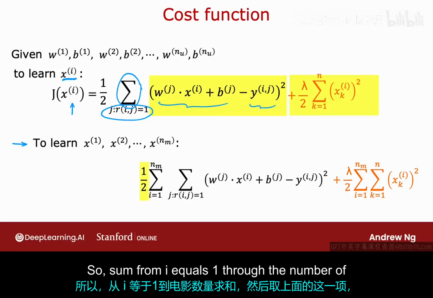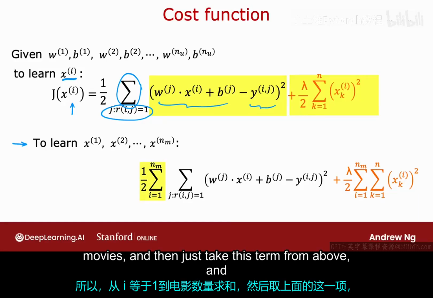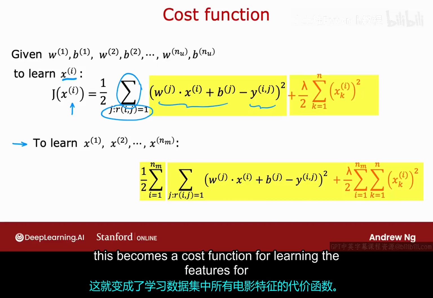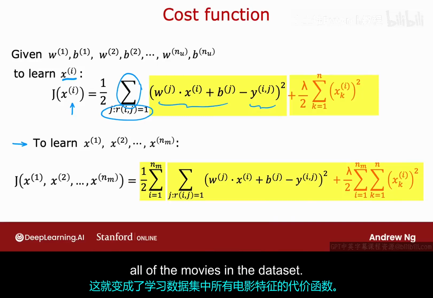So sum from i equals 1 through the number of movies, and then just take this term from above, and this becomes a cost function for learning the features for all of the movies in the dataset.